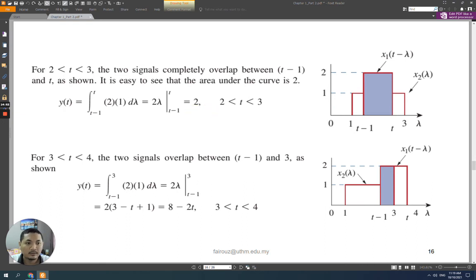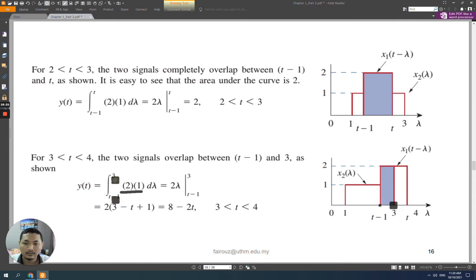Same thing. Next is to move this to here. Now you can see x1 is way ahead of x2, in front of x2. Same thing, 2 times 1, and the region of overlapping is t minus 1 to 3.